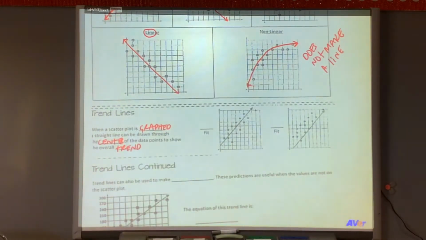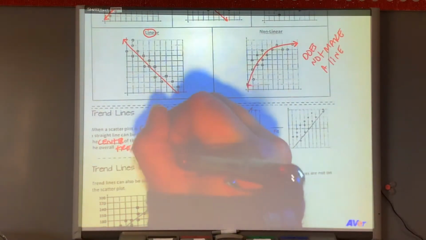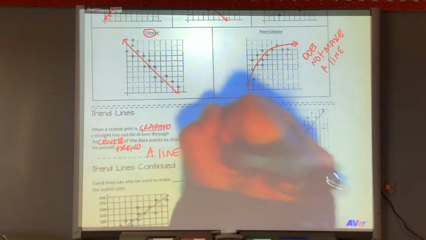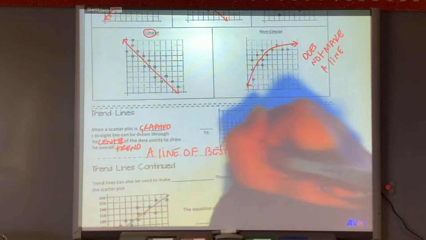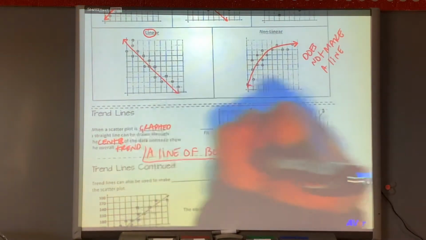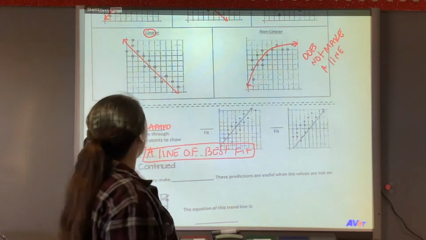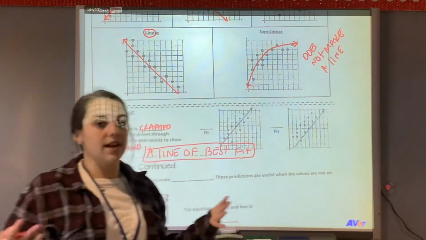So we call this a line of best fit. Down here, I'm going to write it. A line of best fit. And I'm going to box it, star it, circle it, something, but that is the biggest thing. This is a line of best fit. That is what trend lines mean. It is a trend of something.